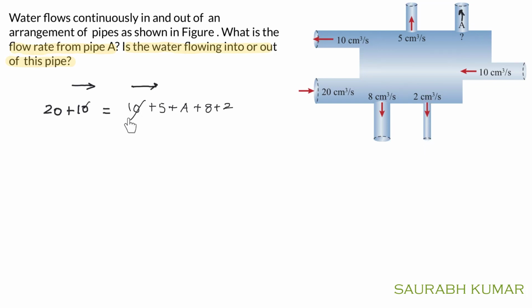Now this 10 will cancel out. 5 plus 8 plus 2 is 15. So 20 is equal to 15 plus A. So A is equal to 5 centimeter cube per second. So this will be the flow rate at A, and water is flowing out.